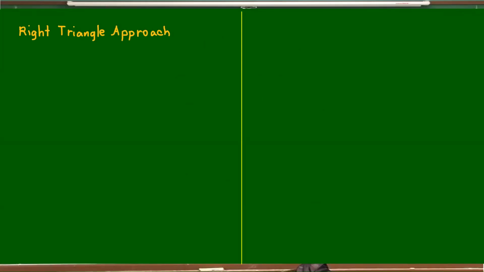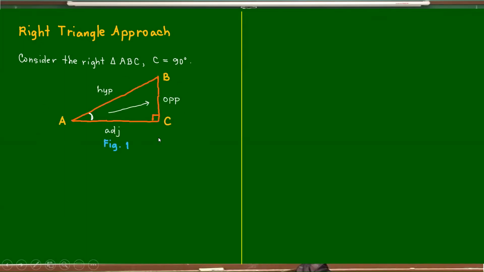So, right triangle approach. Let us consider the right triangle ABC with 90 degrees at C. So this is the right triangle ABC.